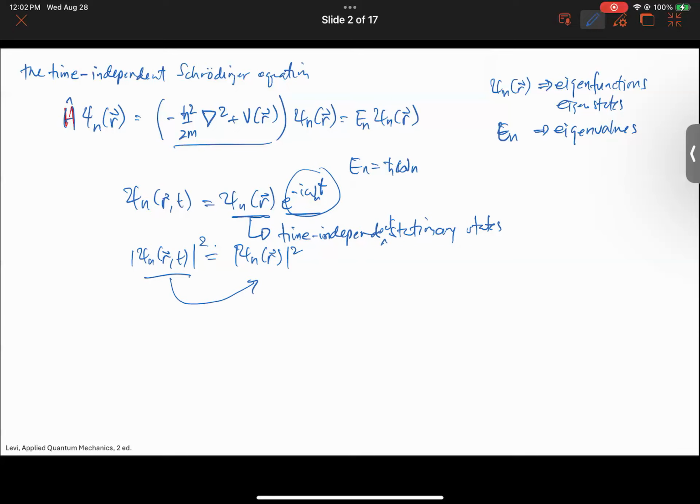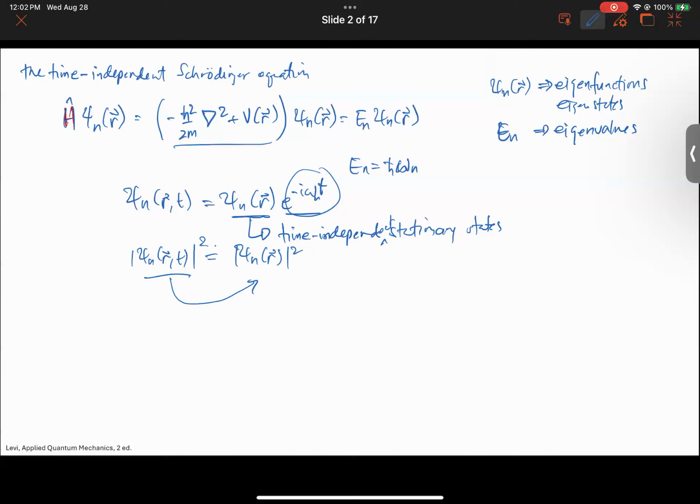Of course, they're not really stationary in the sense that they do not move. Later on, we will actually compute a current, which implies that there's some motion of the electron in the space it moves in.